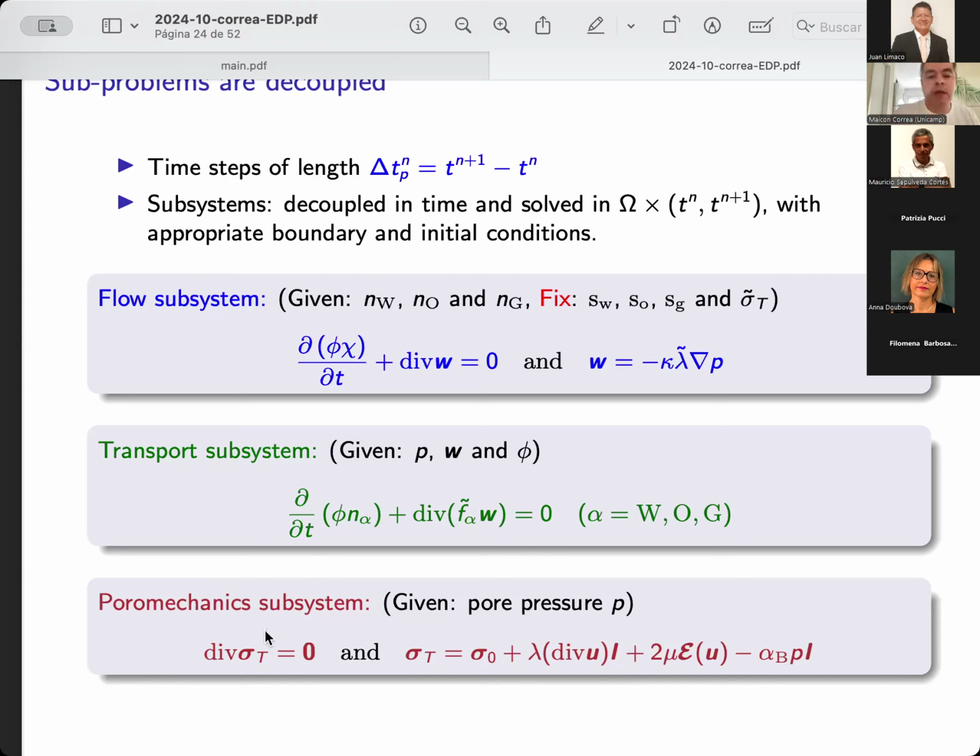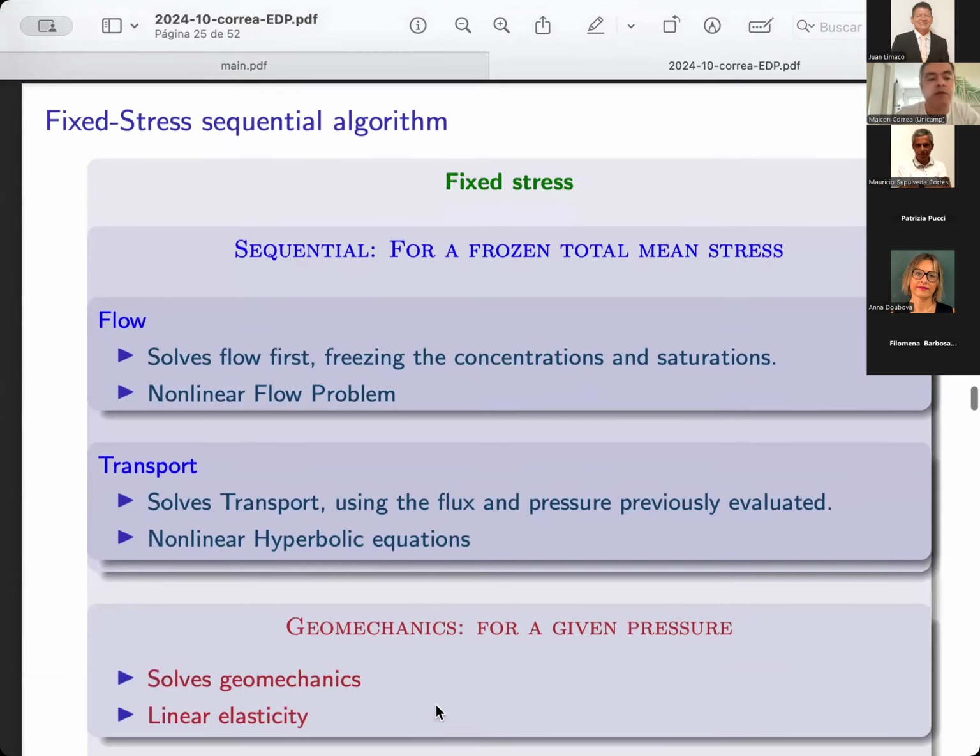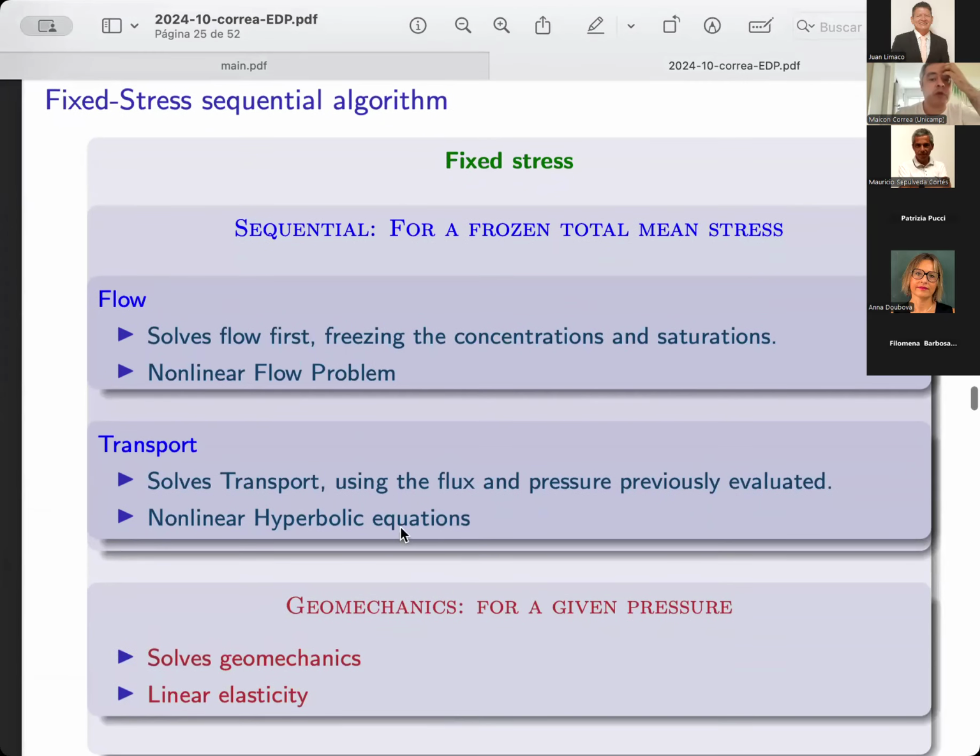So instead of solving that nonlinear coupled set of equations, we split the equations and solve them independently, but using information from the previous steps. So this is the idea of the fixed stress algorithm. First, we solve for the flow, then we solve for the transport, and we iterate here to convergence. But we are not solving for the whole time, it's just for one time step.